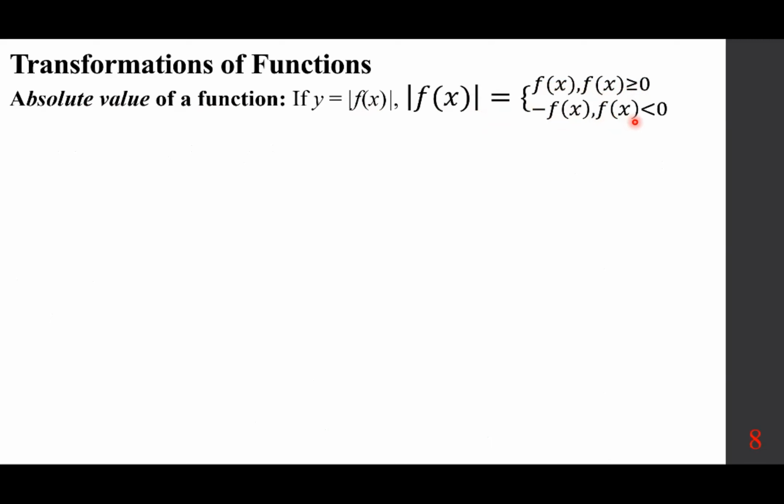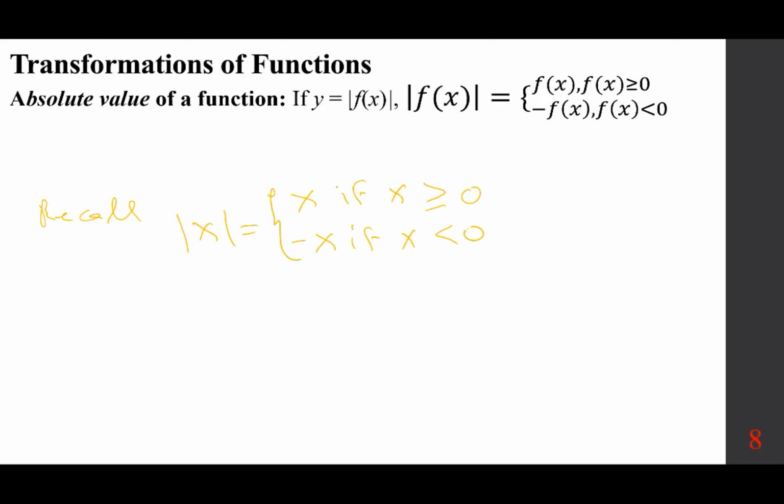Before we continue, I want to remind you of the definition of an absolute value itself. Recall, the absolute value of x by definition is x if x is larger than or equal to 0, and minus x if x is less than 0.